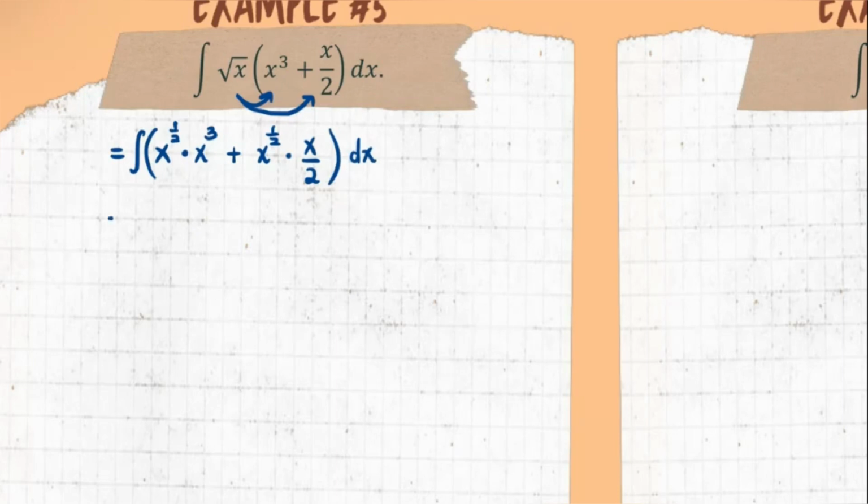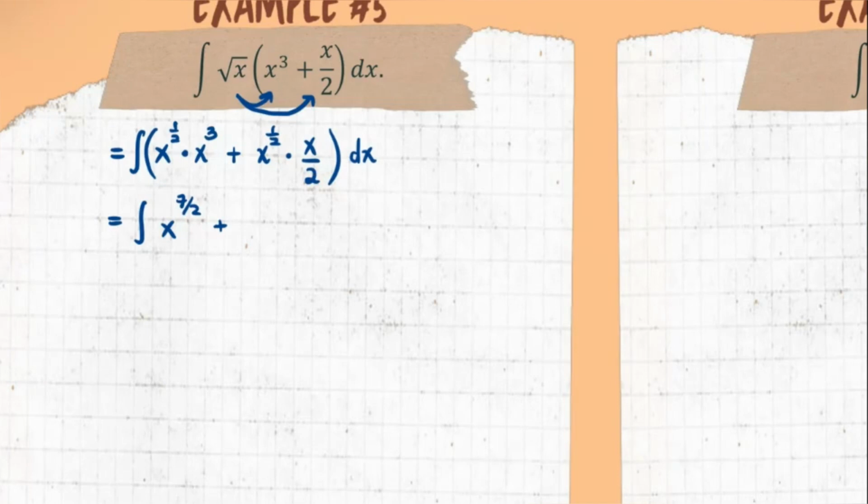Okay, ni saya tunjuk satu-satu tau. Nanti kalau dah laju boleh kira teruslah. So base dah sama. Power ni kita buat apa? Tambah. So half plus dengan 3 dapat 7 over 2. So now kita nak integrate x to the power of 7 over 2 plus ini base dia dah sama sebenarnya.